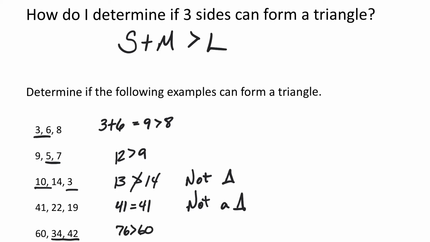So therefore, this one is a triangle as well. All right, check this when you first start going, because there's no need to even mess with Pythagorean's theorem if it's not even a triangle in itself.